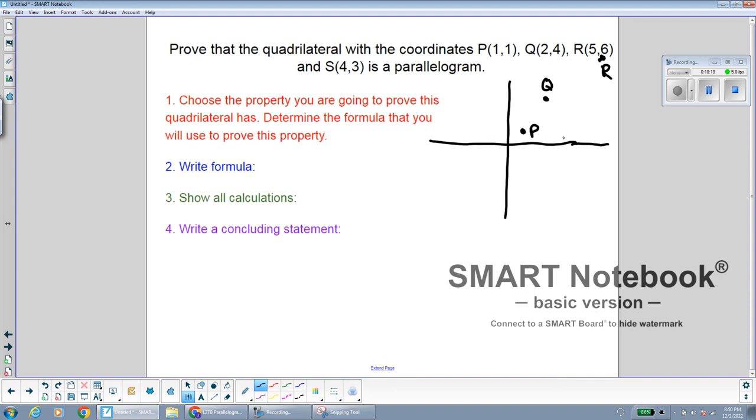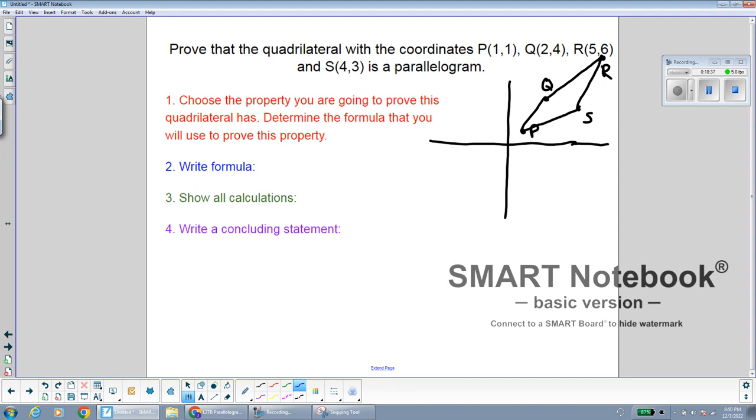And then S would be 4, 3, so farther down than Q, but 3 lower down than Q. So that is S. So let me connect them together. Not the best graph, but at least we can see where the points are located.